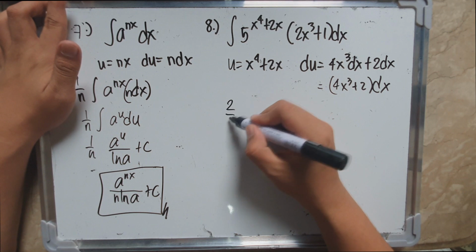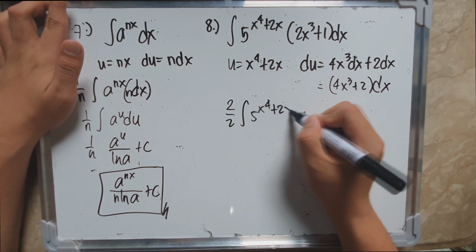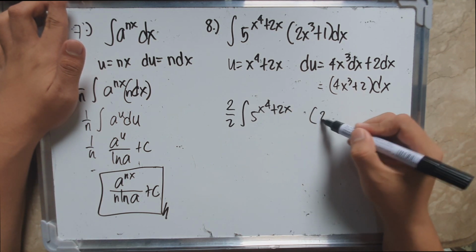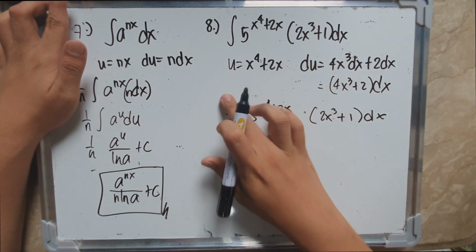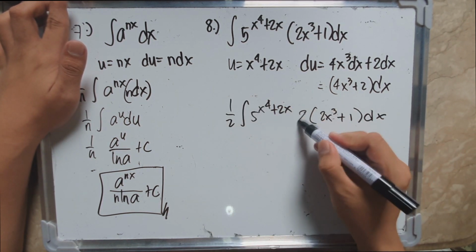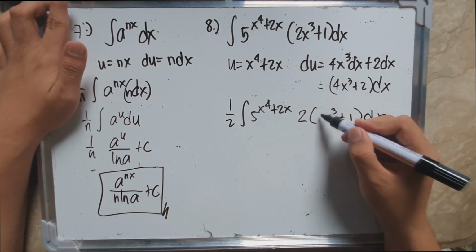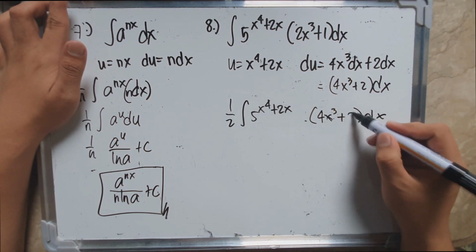So correcting, 2 over 2, integral of 5 to the power of x to the 4th plus 2x, and we have right here 2x cubed plus 1 dx. Writing 2 inside. Distributing 2. 2 times 2, this will now become 4. 2 times 1, this will now become 2.